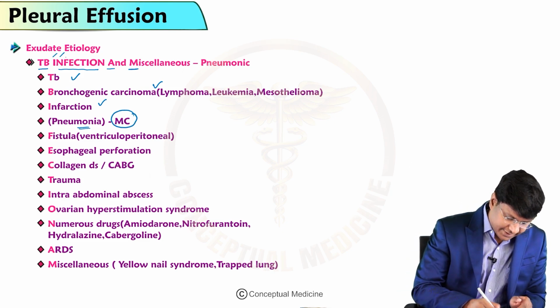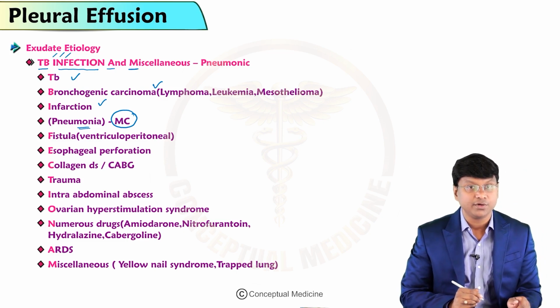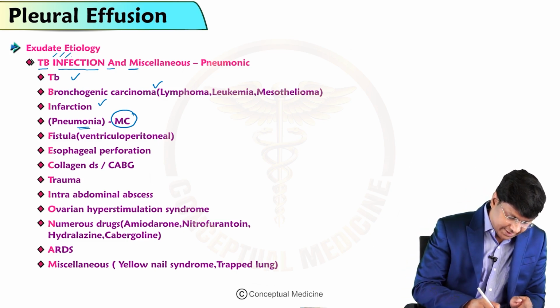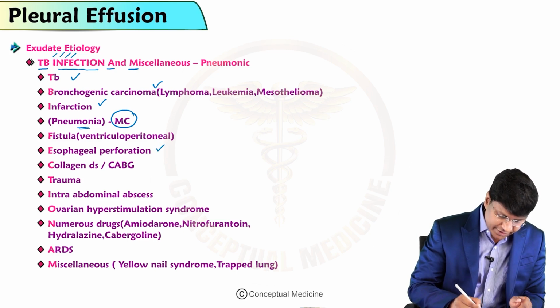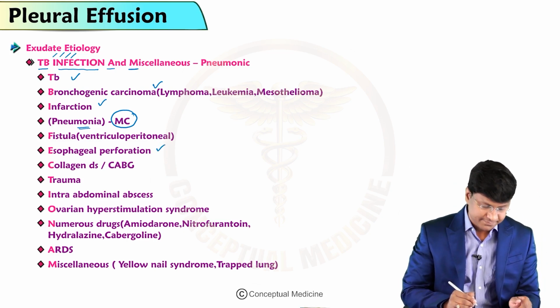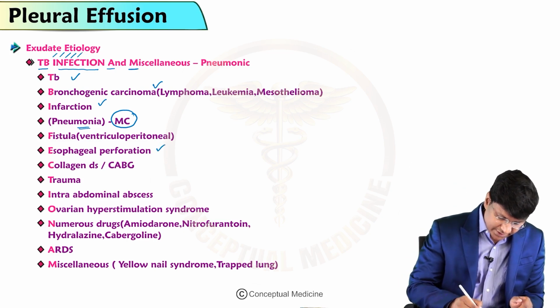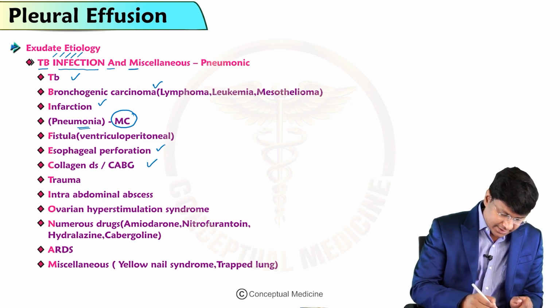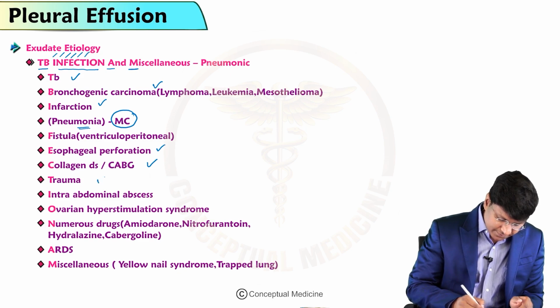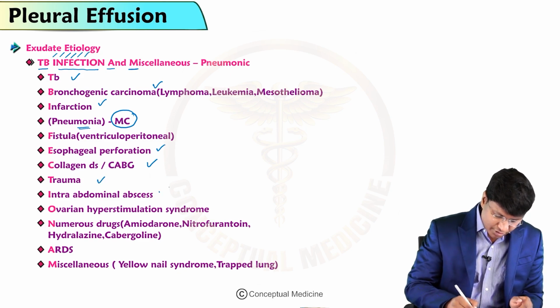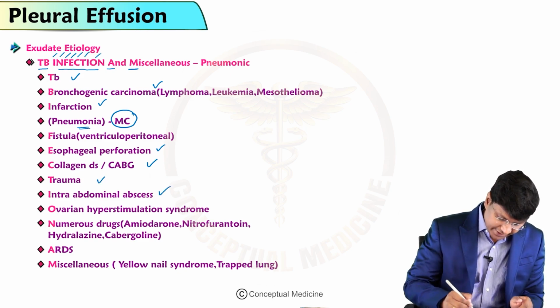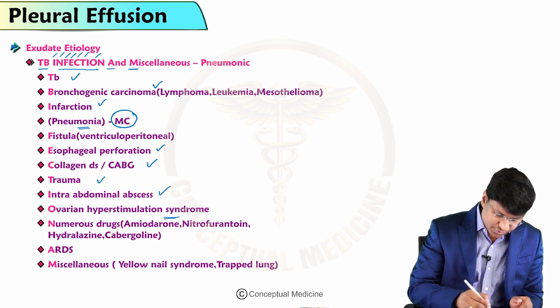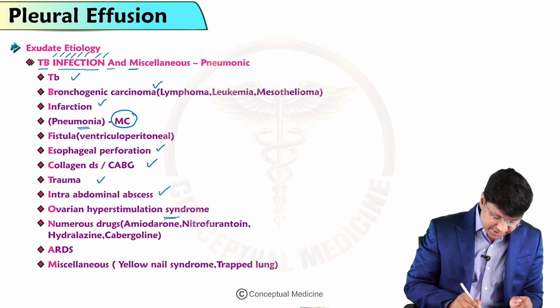F is your fistula, that is ventriculoperitoneal fistula. E stands for esophageal perforation or esophageal rupture. C is your collagen disease or post-CABG. T stands for trauma. I is your intra-abdominal abscess. O is your ovarian hyperstimulation syndrome. N stands for numerous drugs.